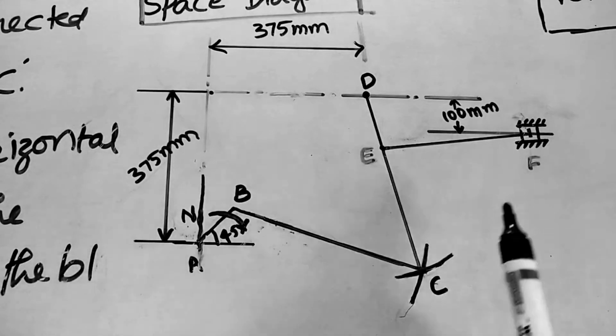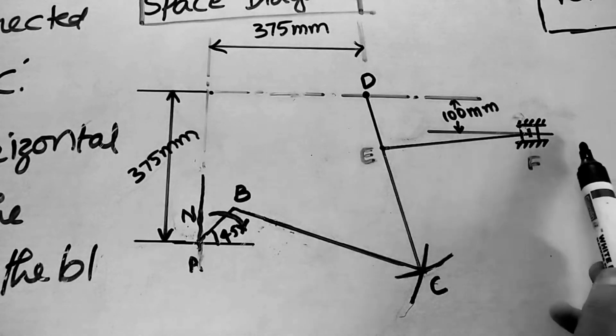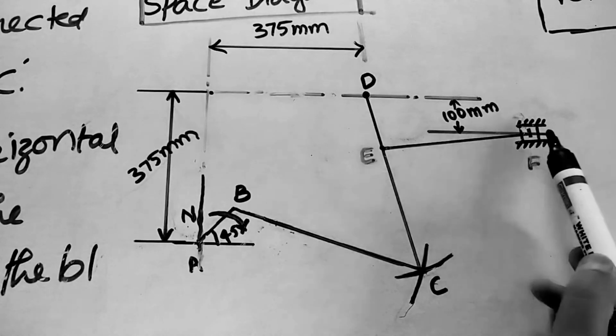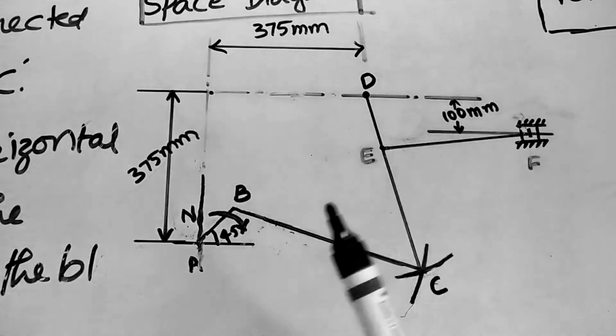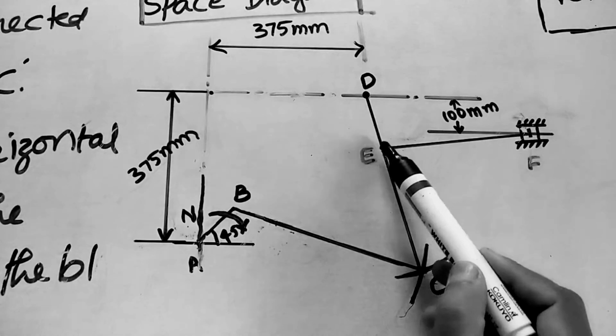The block F moves in the horizontal guides. These are the guideways. So it is moving in the horizontal direction, and it is driven by the EF link which is connected at point E to the DC link.